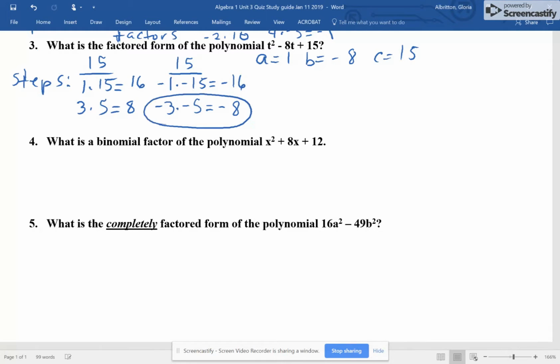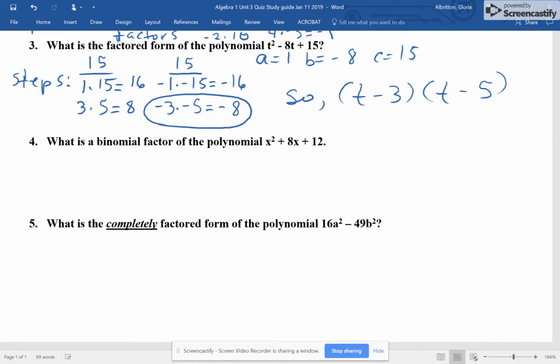So this is the pair that we're going to use to write our binomial factors. So to factor t squared minus 8t plus 15, the t breaks into t times t, and we're going to use the -3 and the -5. And there's our answer.